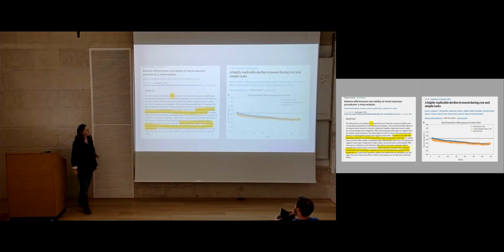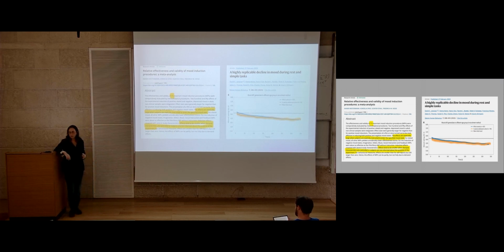Another thing that was recently identified, across a very large data set of both resting state data, the classic fMRI resting state paradigm where you just stare, or very simple decision-making behavioral tasks, is that if you ask participants how they feel while they're doing the task, there is a very robust decline of their mood during the experiment.